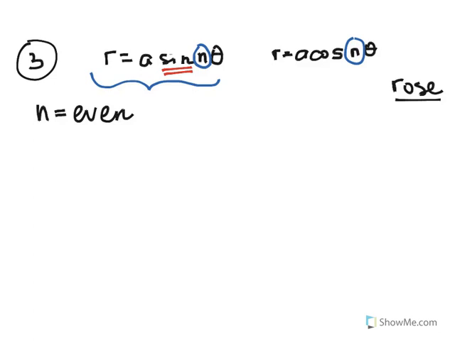So if n is an even integer, then the rose will have 2 times n petals.